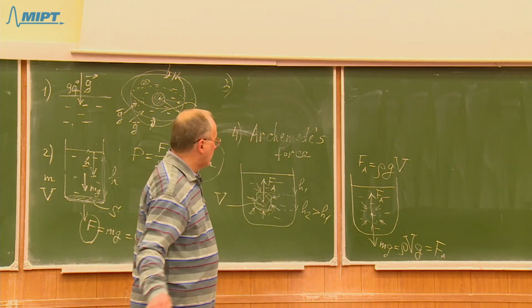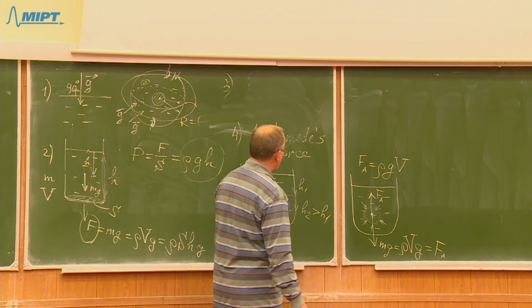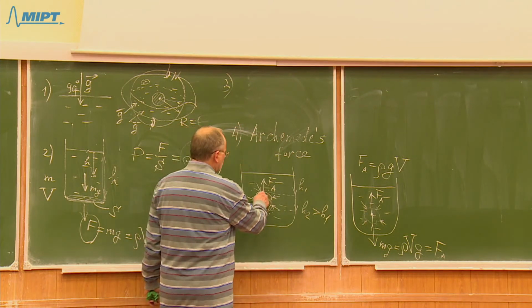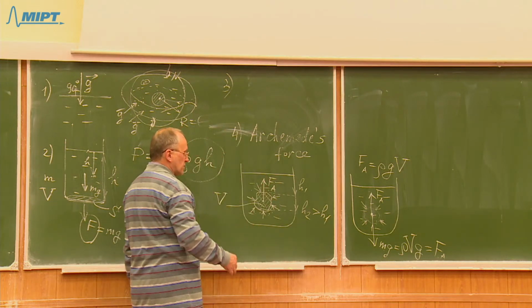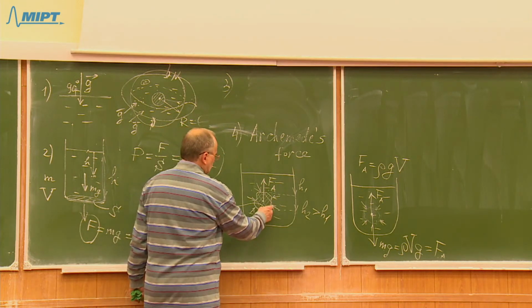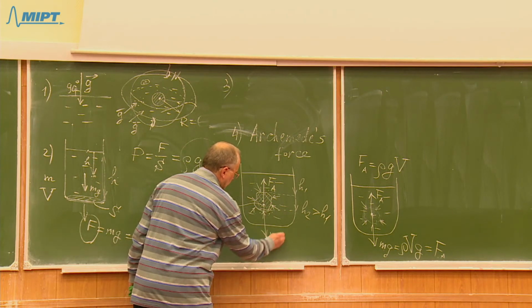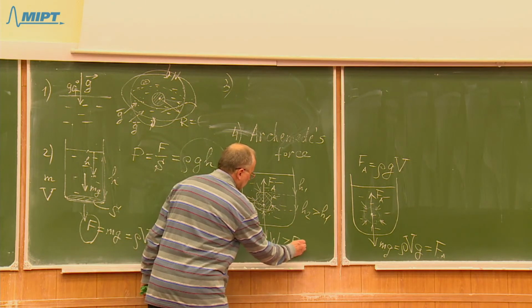And there may be several different situations. For example, this object which we immersed in liquid is very heavy, and its weight, the weight of this stone, will be larger than the Archimedes force.